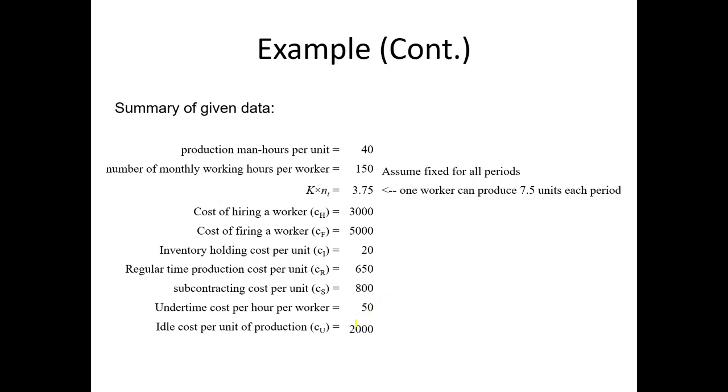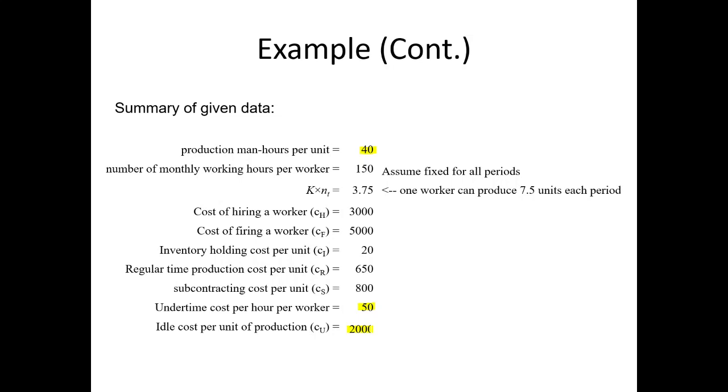Using this number, 50, the undertime cost per hour per worker, we multiply by 40, which is the production man hours per unit. This will give us the equivalent idle cost per unit of production, which is C sub U, which we need to use in our model.